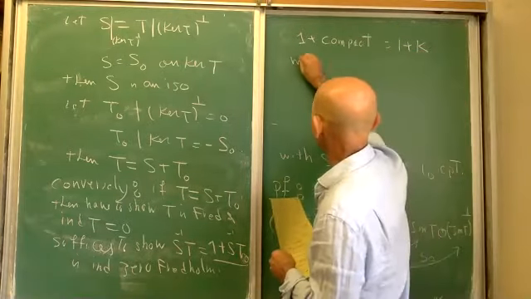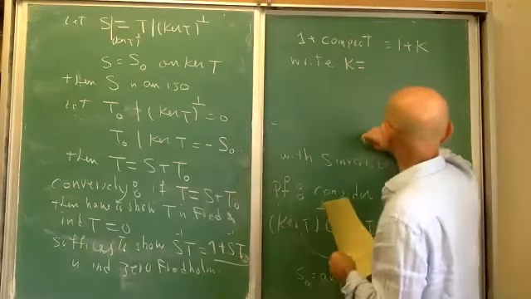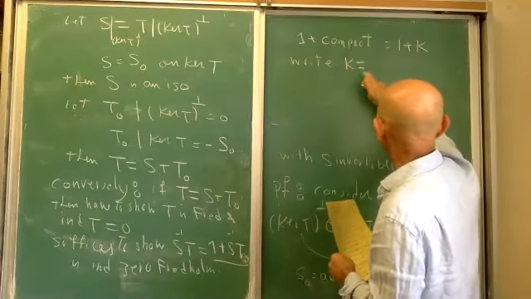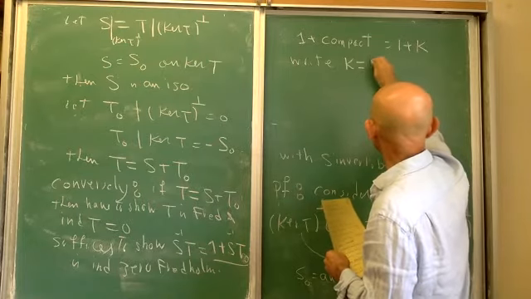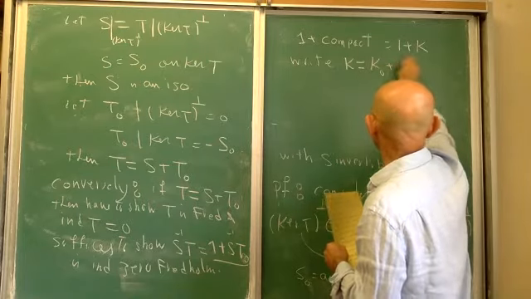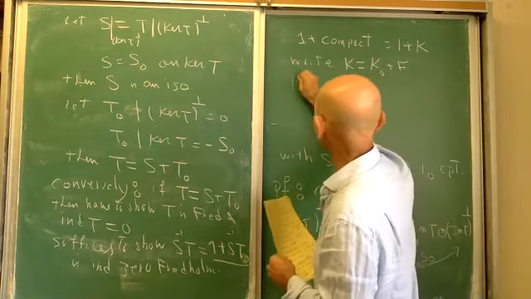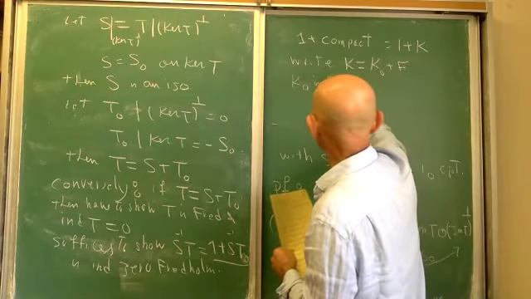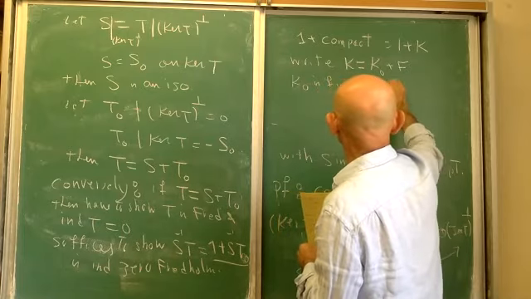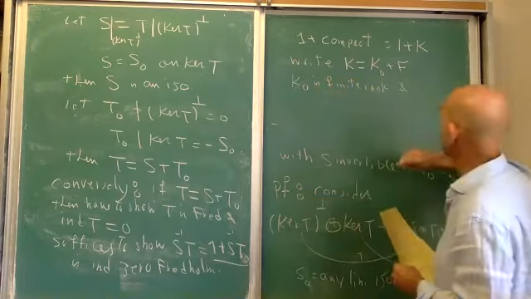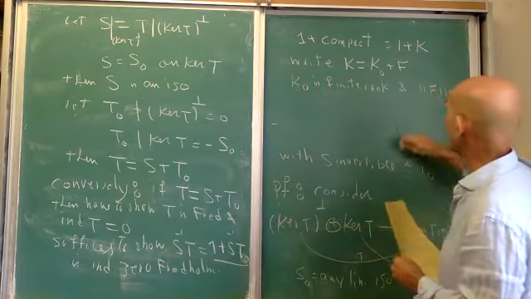So write k equal to k0 plus f, where k0 is finite rank and the norm of f is less than 1.